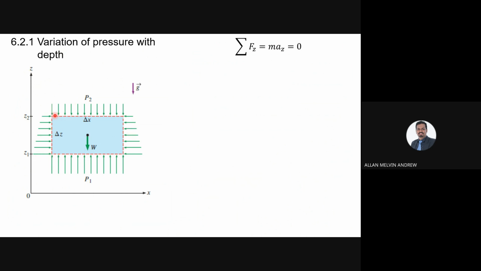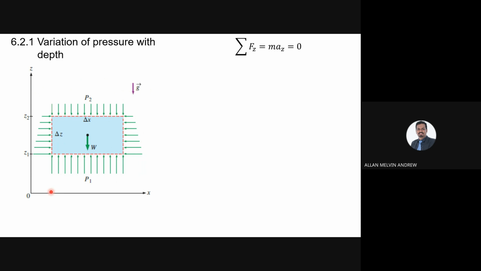Okay, and the pressure at the same point. Here the height is Z2. If the height is at the same level, and the density of the fluid, let's say it's water, is the same, then the pressure will be the same.